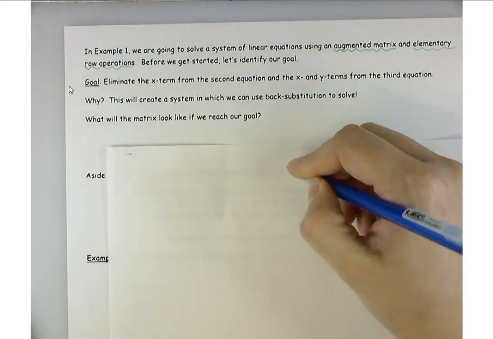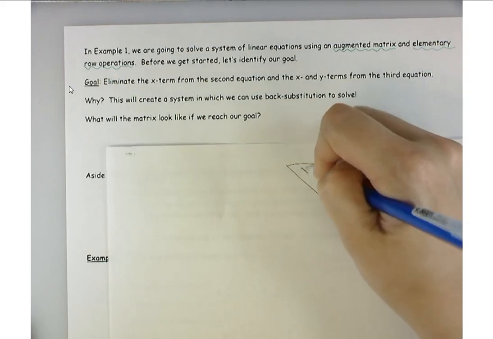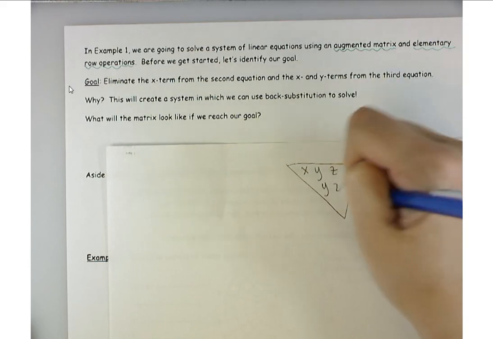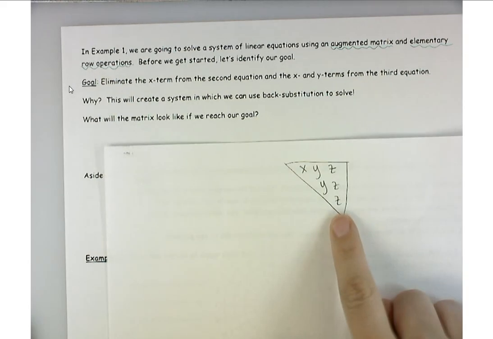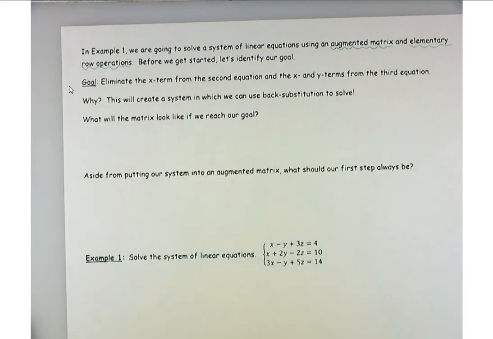So we were putting it in triangular form because we wanted to have an x, a y, and a z, and then a y and a z, and then a z, because if we could put the system in triangular form, what could we use to solve? What is that called? What did we use to solve yesterday? Back substitution. Okay, so that's what we're going to do today. We're just going to do it with matrices.